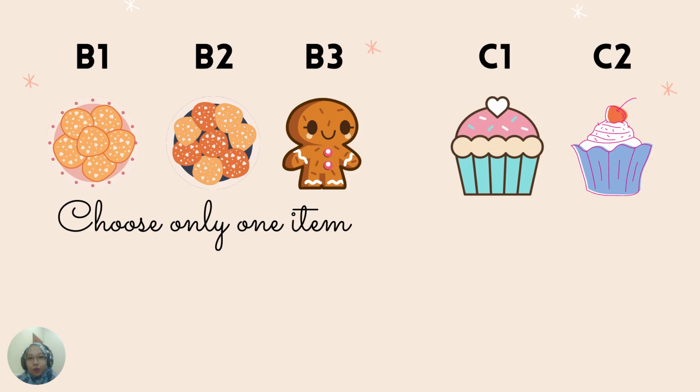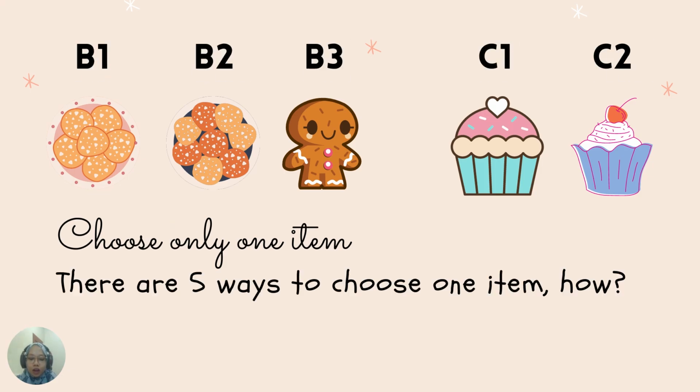Let us label the items: B1 for biscuit 1, B2, B3, and C1 for cake 1, and C2. By only looking at the diagram, we are sure that there are 5 ways to choose one item. But how is this happening?